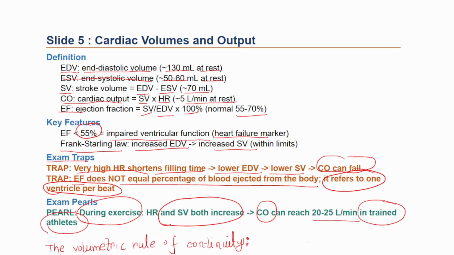To link this slide back to our broader circulatory system layout, remember that because the pulmonary and systemic circuits are arranged in series, the stroke volume and total cardiac output values calculated here must remain identical for both the right and left ventricles to avoid fatal fluid accumulation. And that is discussed under this title of the volumetric rule of continuity.